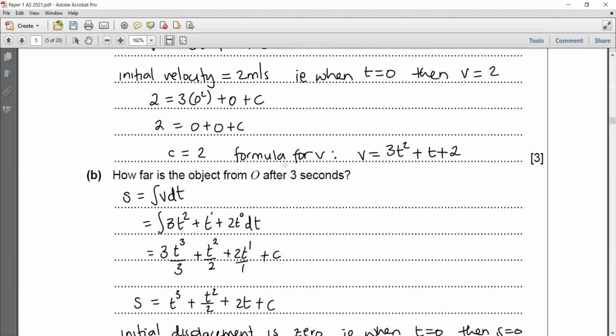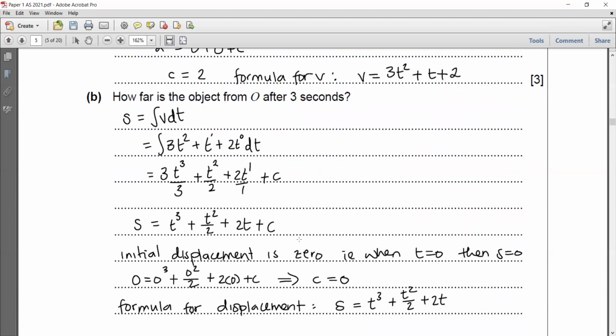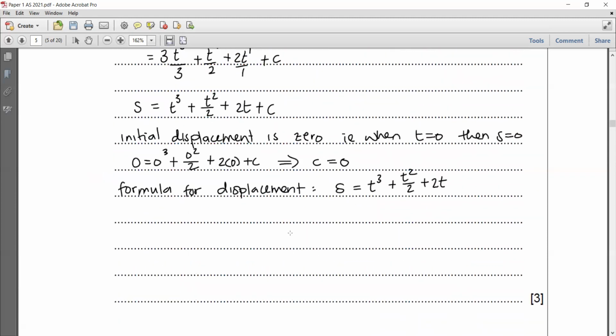So what we want to do is substitute 3 in place of t. So after 3 seconds, we have S of 3.